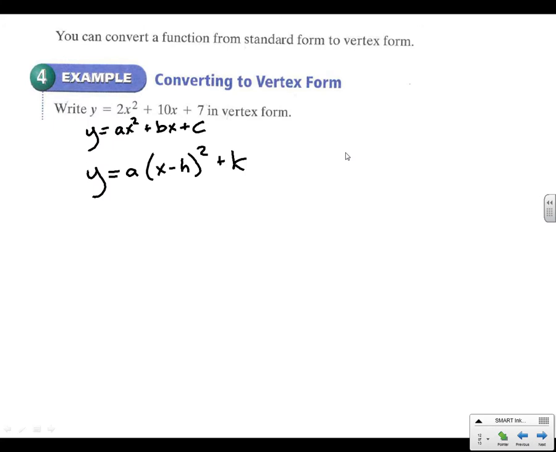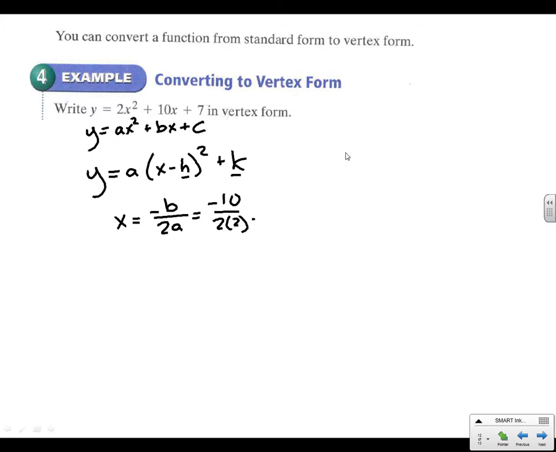All right, so we want to figure out where our vertex is. Thankfully, we have a formula for our vertex. Remember that the vertex is x equals negative b over 2a, if we remember that one. So let's plug this in. We've got negative 10 over 2 times 2.